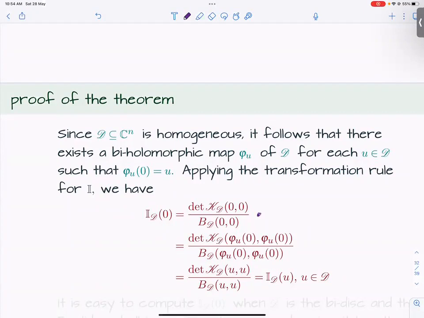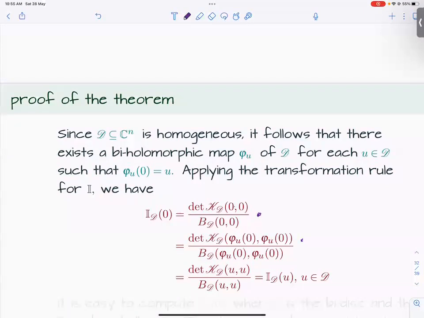But then you have an automorphism that takes 0 to an arbitrary point u. So you pick that p_u, you know that this quantity is the same as any p that you apply to 0. So apply p_u.